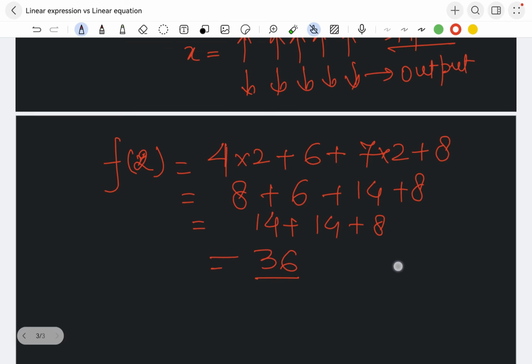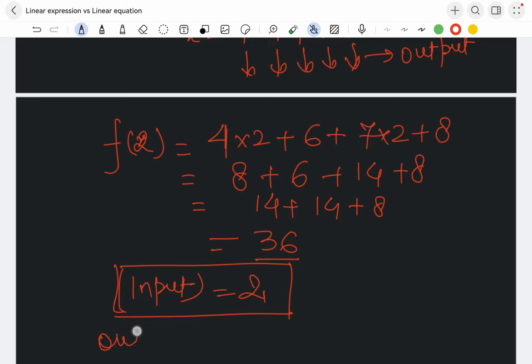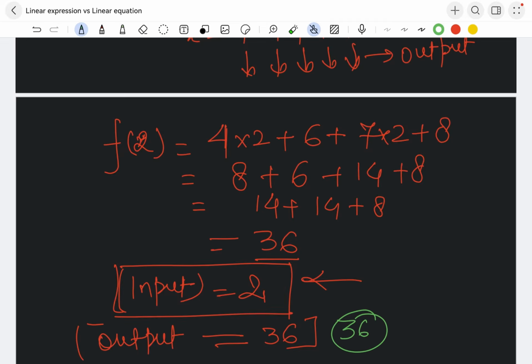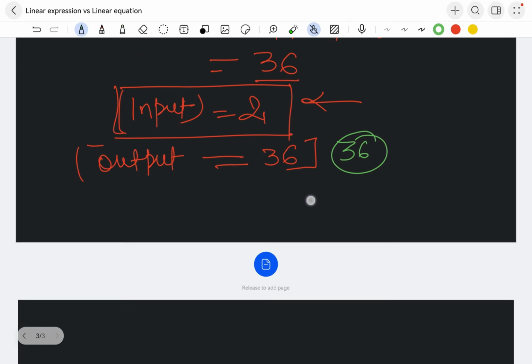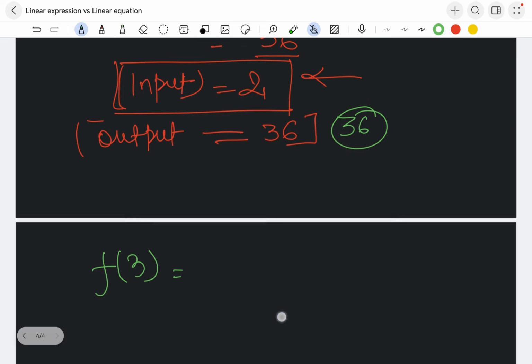So in this particular case, if the input is 2, the machine gives an output of 36. So basically it works as a machine, right? Where the input is 2, you have an output of 36.